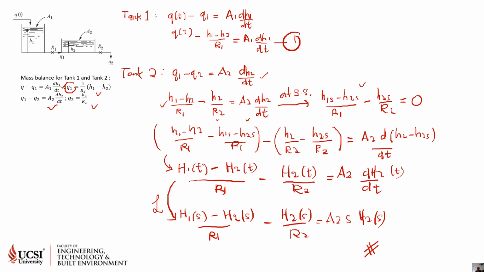Let's continue with the derivation. I will take these equations and rearrange them. Let's write these equations again: H1(s) minus H2(s) over R1 minus H2(s) over R2 equals A2 s H2(s).